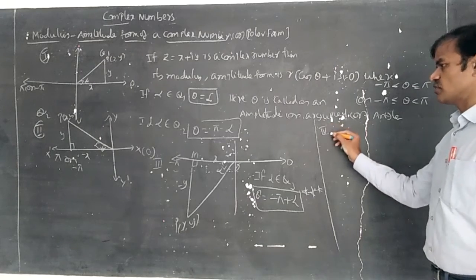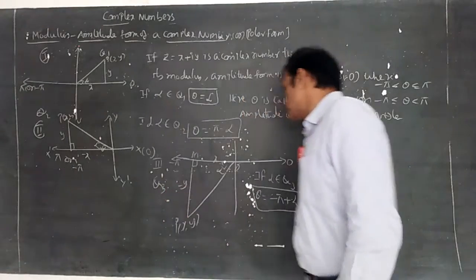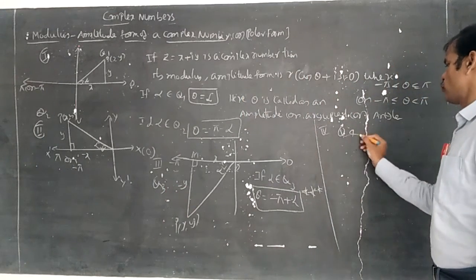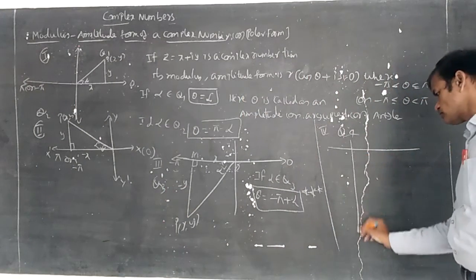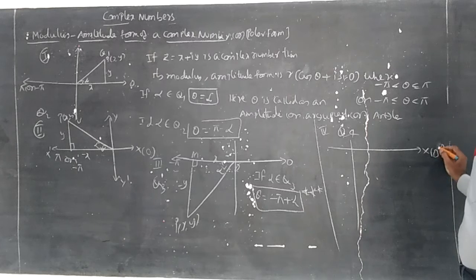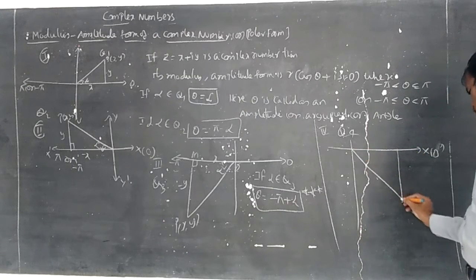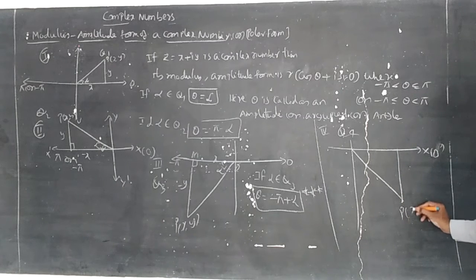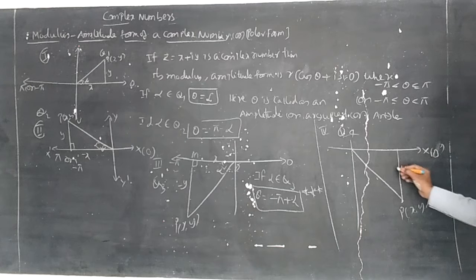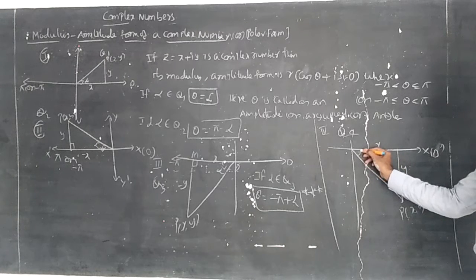Now the fourth quadrant. So Q3 we discussed now, the third one. In Q4 I am discussing now. This is the x-axis. Put here 0 degrees. 0 means radius 0 only. Mention like this. This is a point P(x, y), (r, theta). This is minus y. This is simply x here, in the positive direction of alpha.